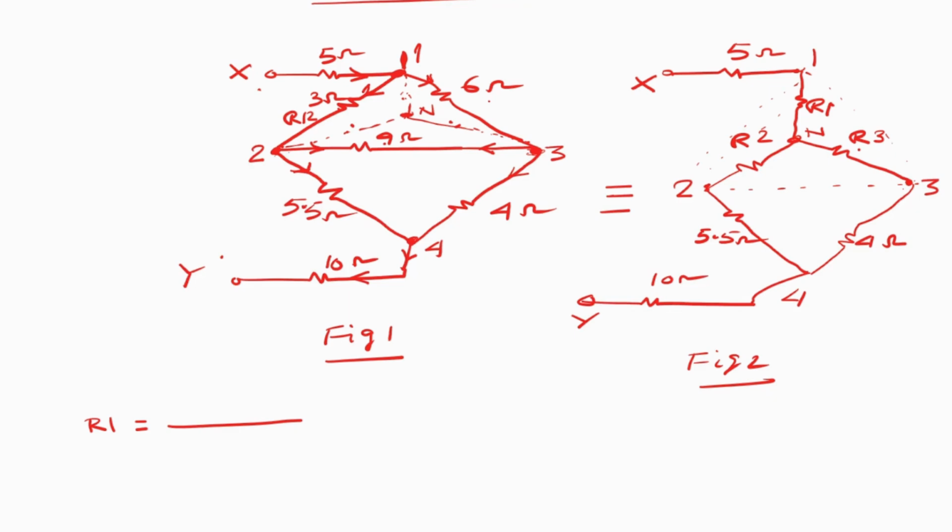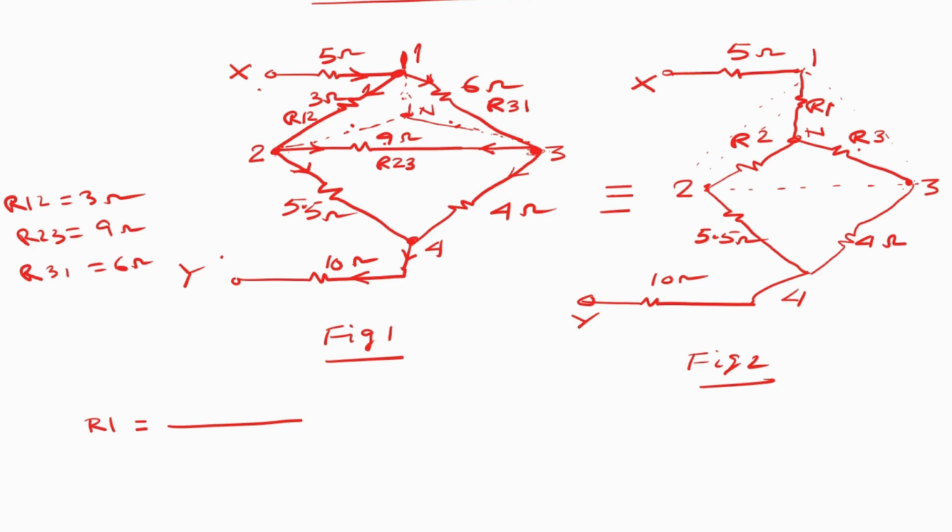And junction 2 to 3, the 9 ohm resistance, is known as R23. And terminal 3 to terminal 1, the 6 ohm resistor, is known as R31. So write down here: R12 equals 3 ohms, R23 equals 9 ohms, and R31 equals 6 ohms.